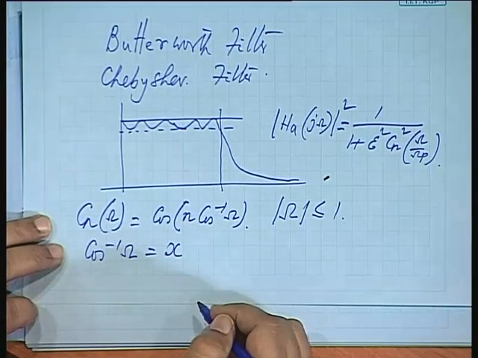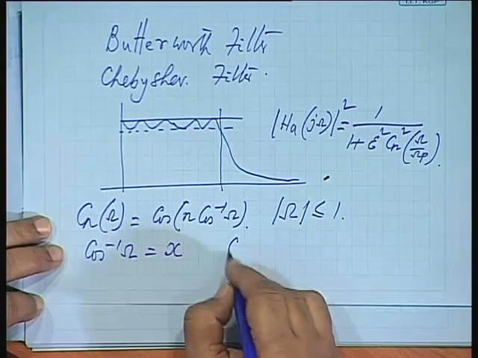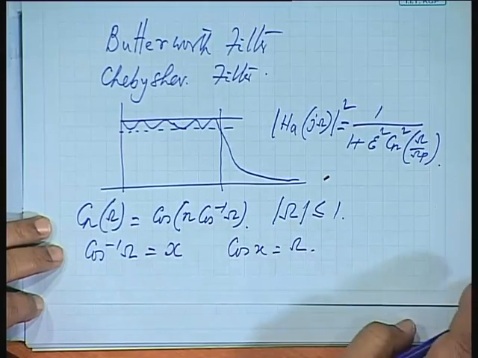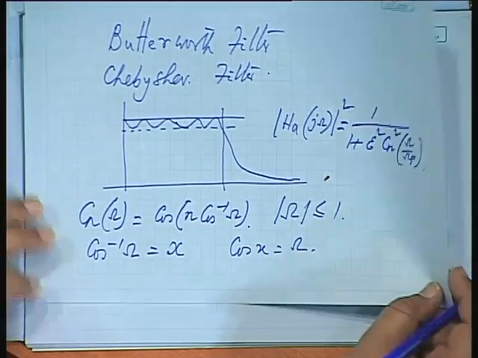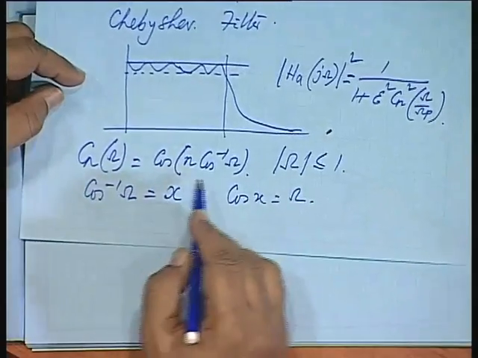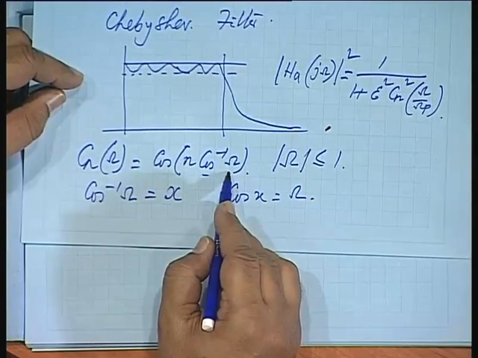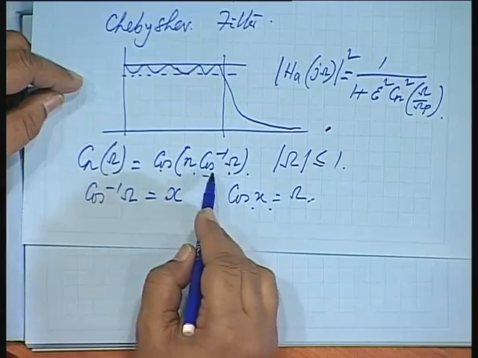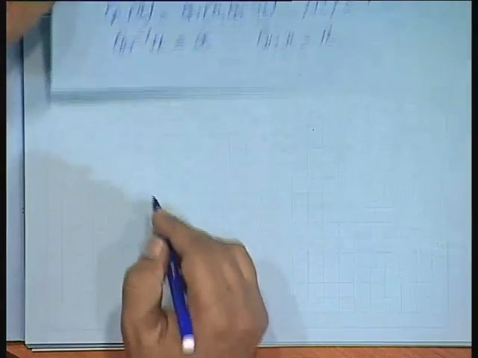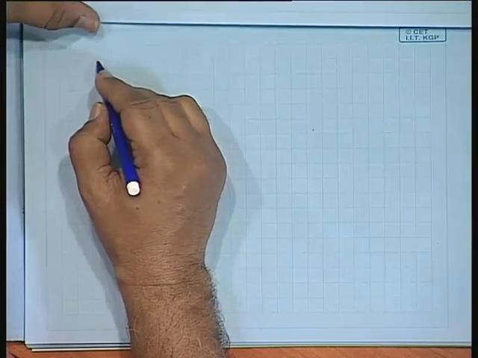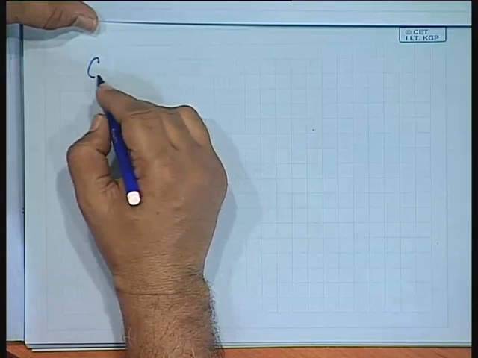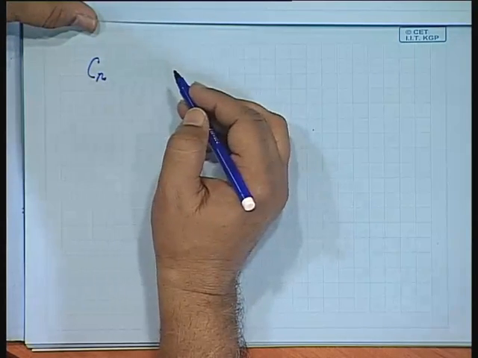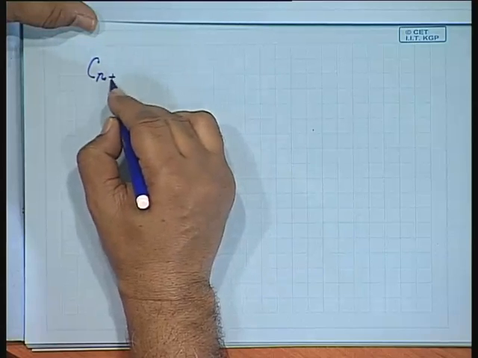Let us assume this as x, then cos of x is equal to omega. So, cos of n cosine inverse omega, henceforth I will be writing just Cn, Cn plus 1 and so on, they are all functions of omega. So, what will be Cn plus 1?